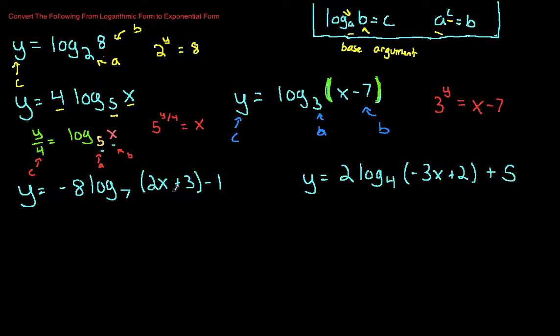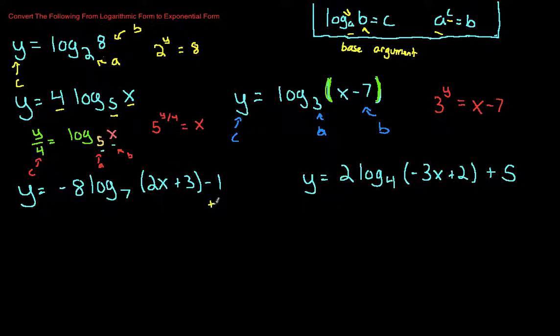Looking at the next problem, I see a lot going on, so this is a real challenge problem. I have this negative 8 coefficient, my base 7, my argument 2x plus 3, and then a vertical shift of 1 down. To convert this to exponential form, I need only my log, its base, and its argument on one side of the equation.